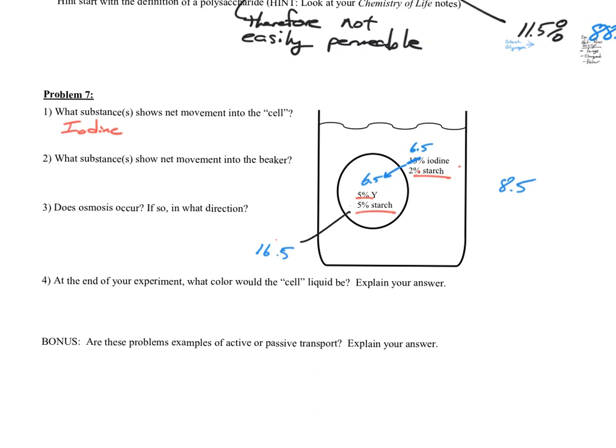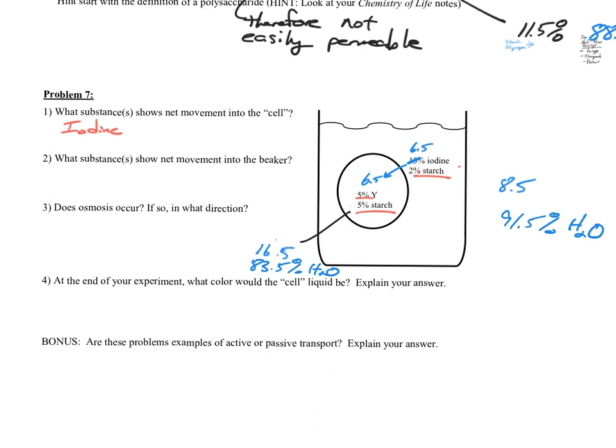And so we know that, what is the percent water outside? 83.5. Oh, I was first thinking 3.5. That one's 91.5. This was 91.5% water. And what is it inside? 83.5% water.